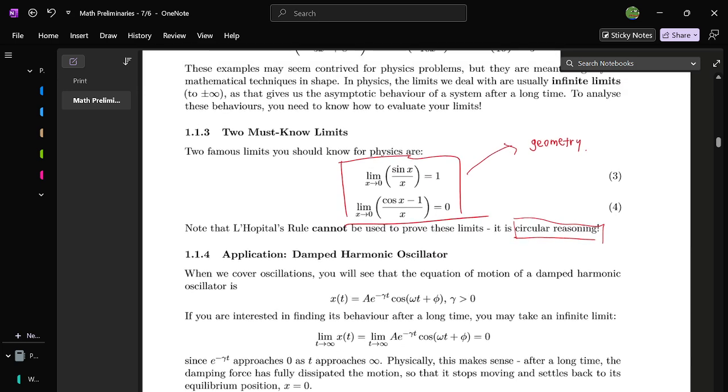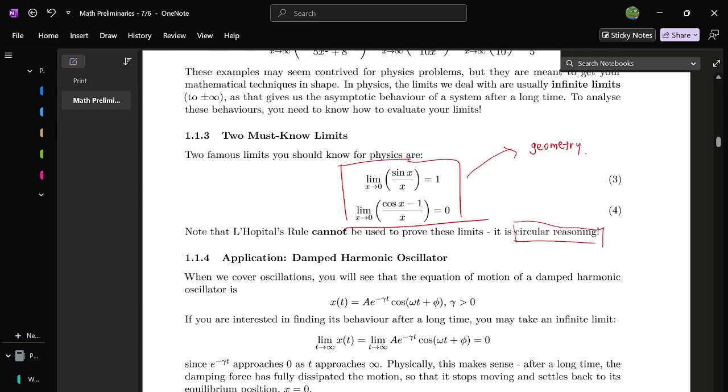Okay. So this was the example that I was talking about. When we cover oscillations later on, you'll find the equation of a damped harmonic oscillator. There are some big words here.